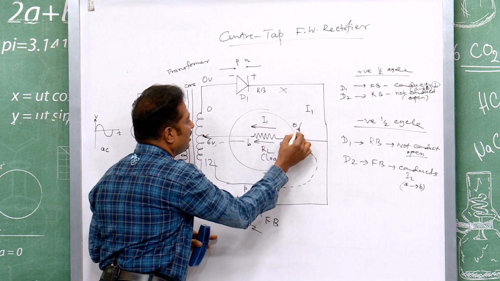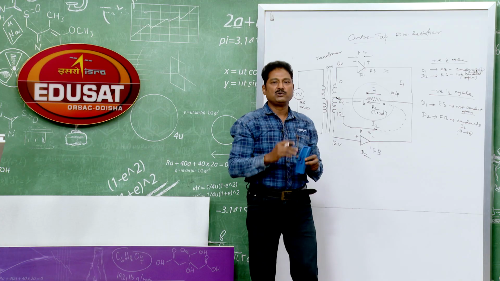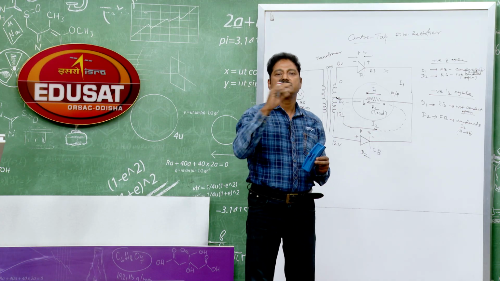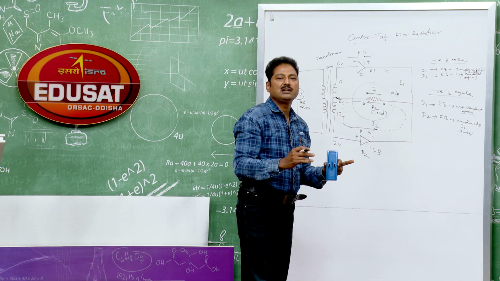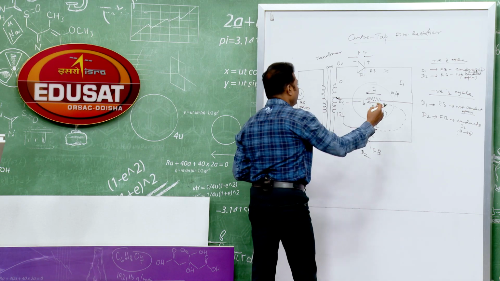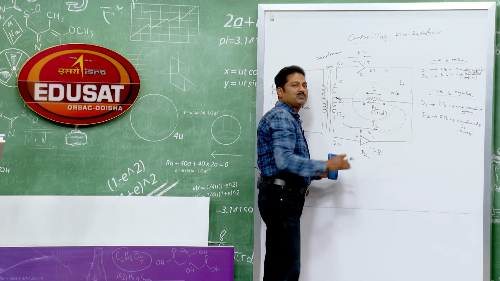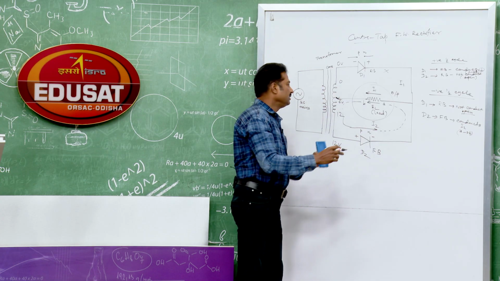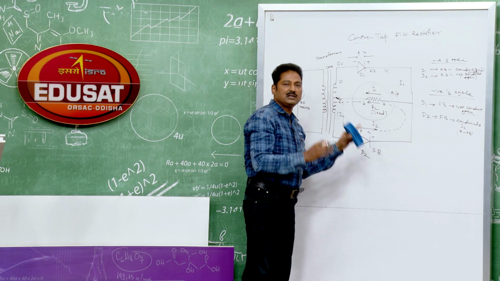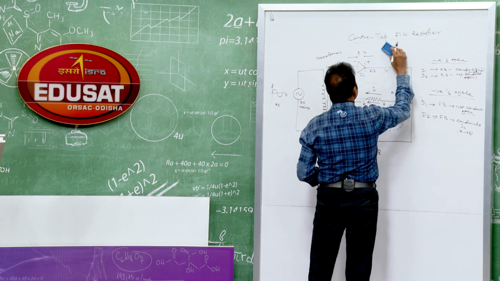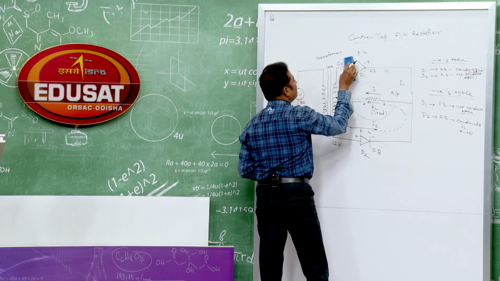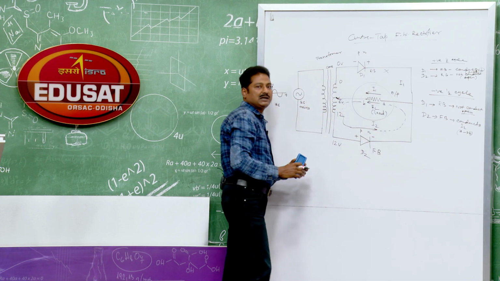In the output, I get the current in the same direction always, in the positive half cycle and the negative half cycle as well, from A to B. That is the same direction, and that is what rectification is. Therefore, the circuit serves as a full wave rectifier.